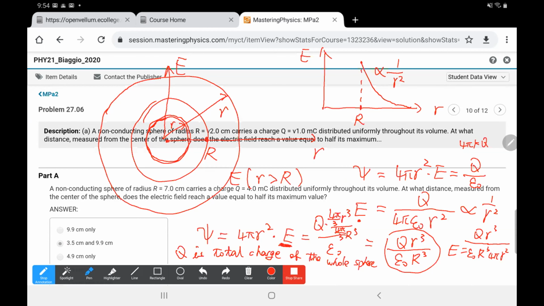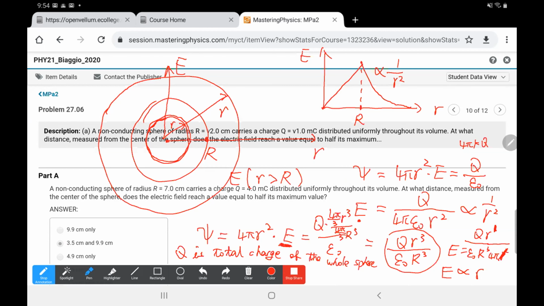So eventually they cancel. We only have r to the first power. Okay, so the electric field is proportional to r. This is a linear relation. So inside of the sphere, E versus r is a linear line. So we can draw from here.